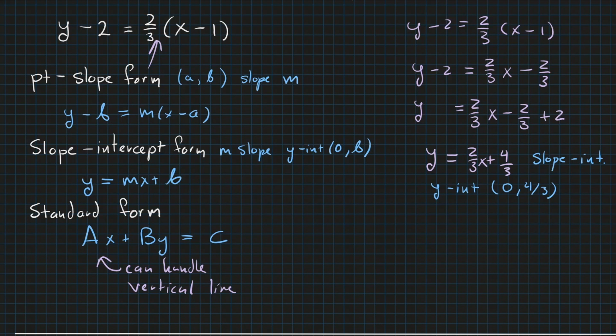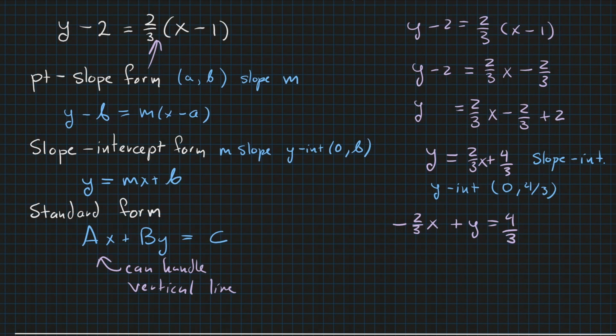So to get it into standard form now, what we need to do is bring the x over to the left side. So I'm going to subtract 2/3 x from both sides. So we get minus 2/3 x plus y is equal to 4/3.